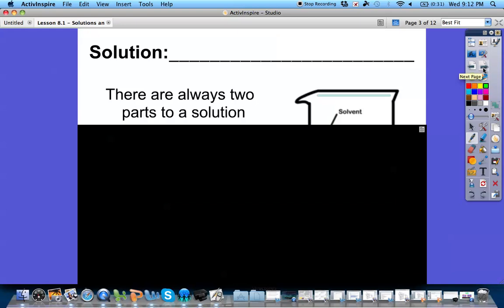So a solution is essentially a homogeneous mixture. And it is the same throughout.